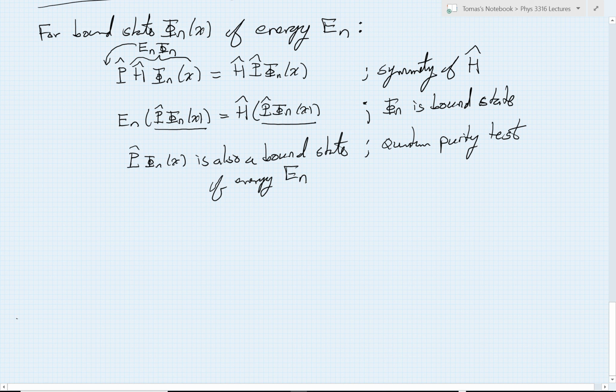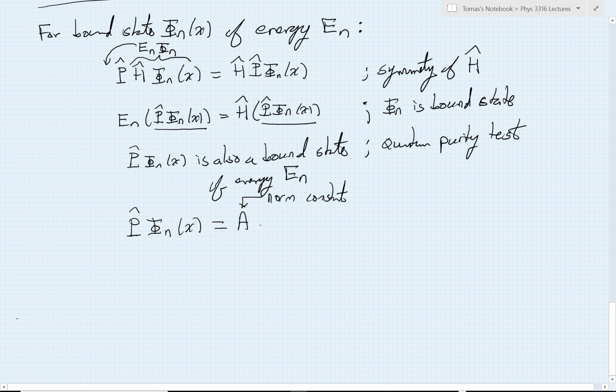But if that's true, then I know something very interesting, because I know that these bound states are non-degenerate. So any bound state, in particular the bound state P phi n of x, must equal just some arbitrary normalization constant times the bound state, because there's only one of them.